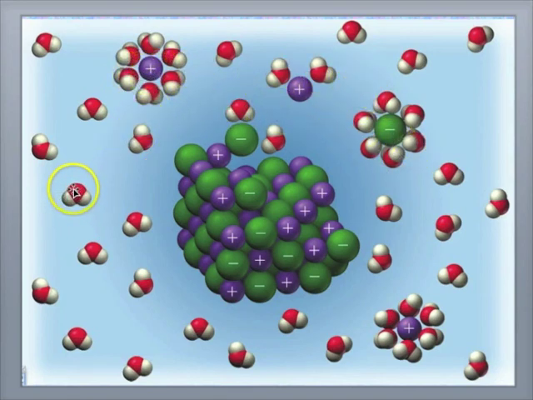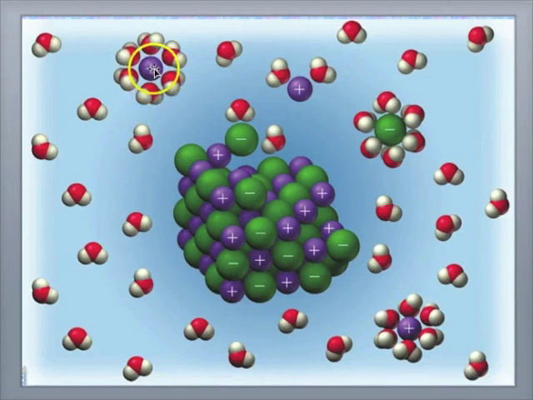And this is why a sodium chloride solution carries a current, because these floating ions are able to be attracted to the different electrodes and undergo changes at the electrodes that allow electrons to flow from one electrode to another electrode. And that completes the circuit, and the light bulb lights up.